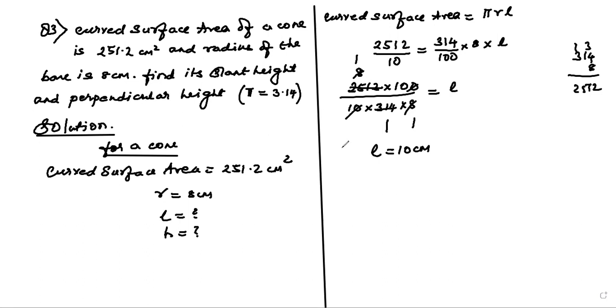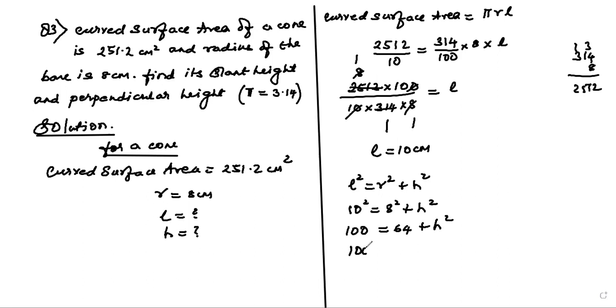The next one, they want perpendicular height h. So when r and l are known, you can use the formula l square equals r square plus h square. So l is 10, 10 square is equal to 8 square plus h square. So 100 is equal to 64 plus h square.